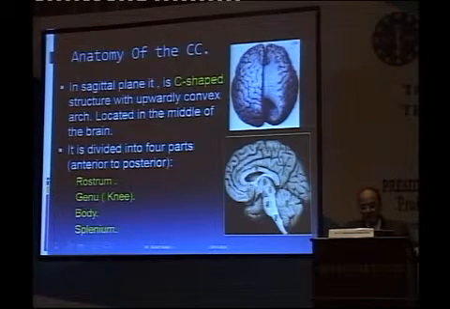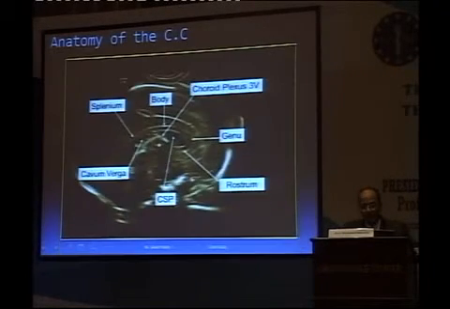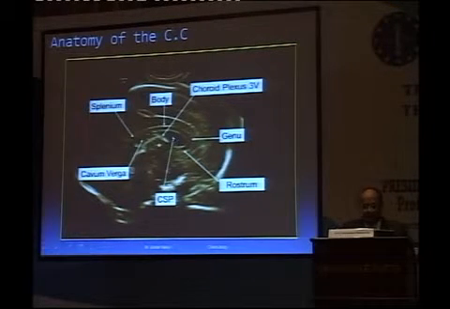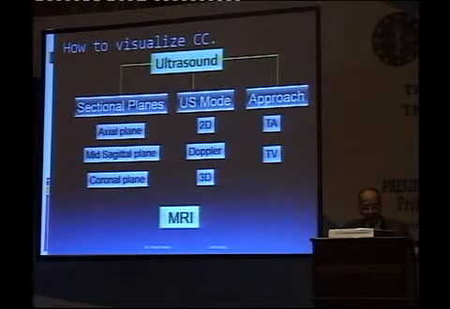The anterior part is the rostrum, the genu, and the body of the corpus callosum, and the most posterior part is the splenium. Within the center of the corpus callosum we can see the cavum septum, and below the corpus callosum we have to look for the thalamus and third ventricle.